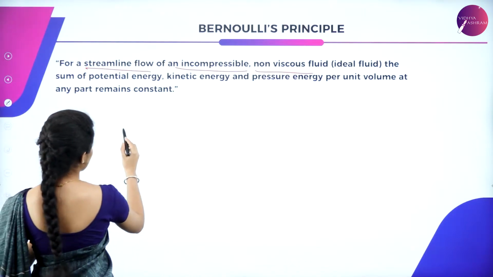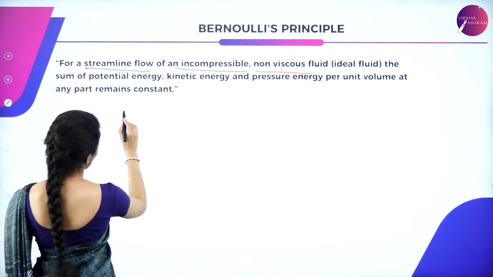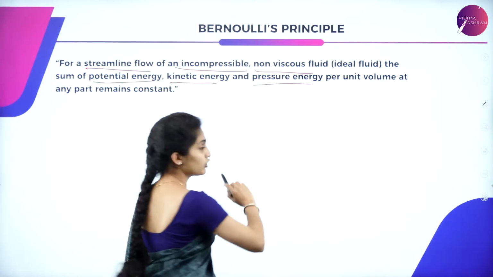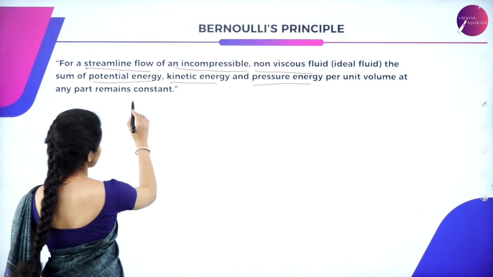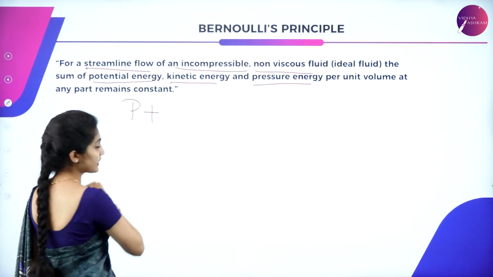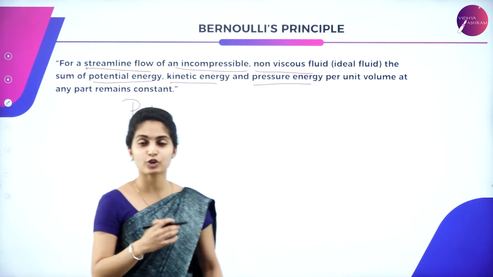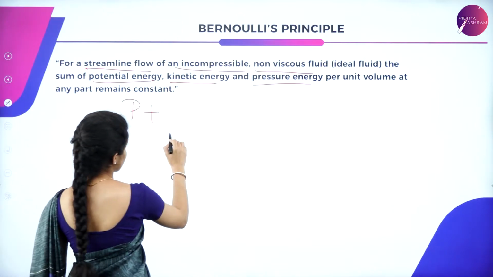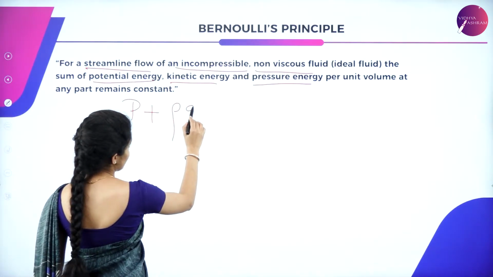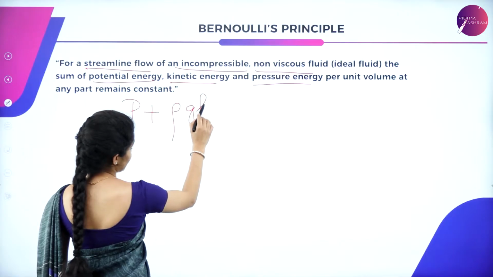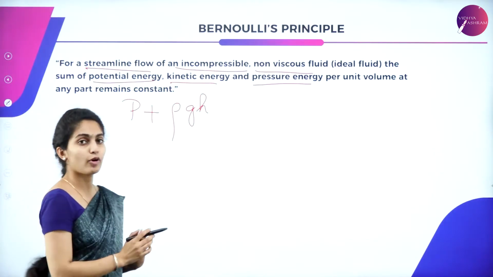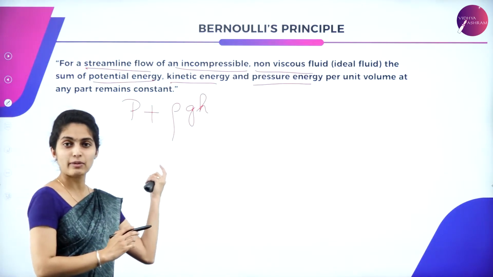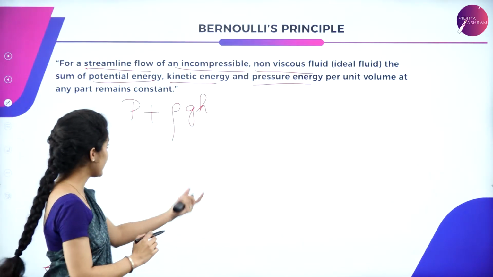And how is it given? You have your potential energy, kinetic energy and pressure energy per unit volume. Let me consider pressure energy P, plus, because it is a sum of all three energies. Potential energy is given by density, gravity and height: in case of mass you would use mgh, but instead you give rho gh.